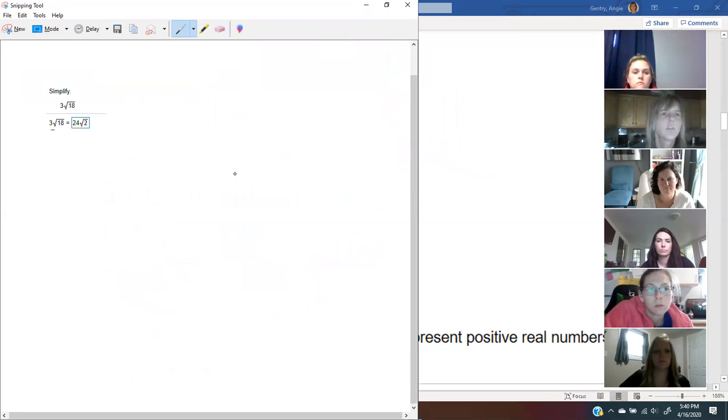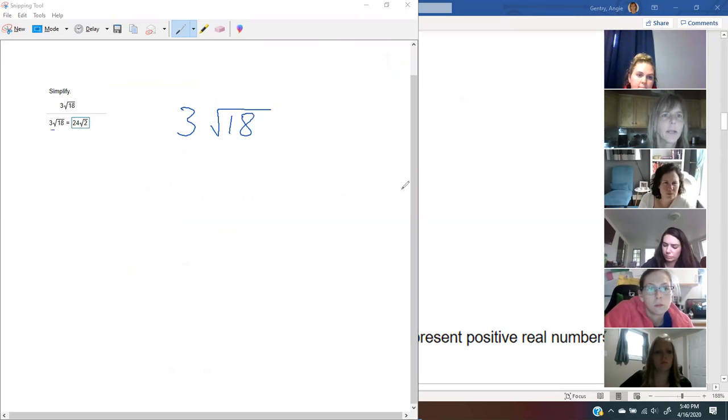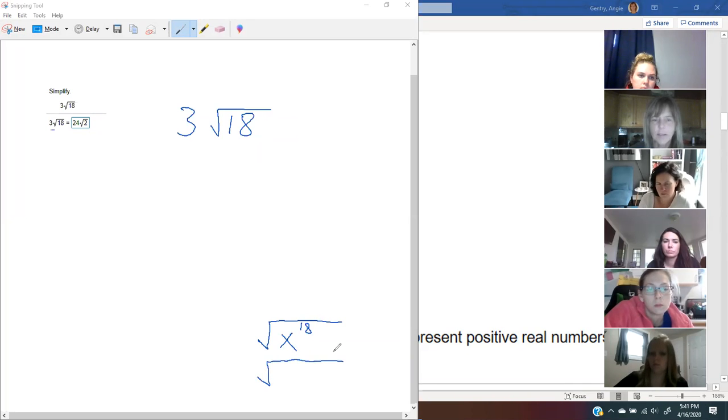Okay, so this was where I need to clarify something. This was 3 times the square root of 18. You had asked about that 16. If I have x to the 18th, so if I have a variable with it, then I have to look at, hey, I need it evenly divisible by the index, which is a 2, and I need it close to 18.